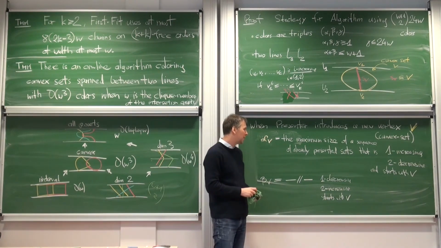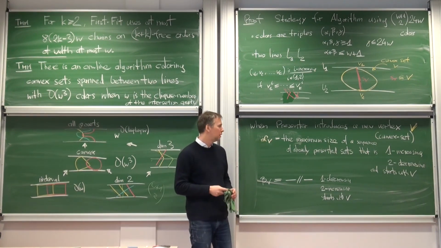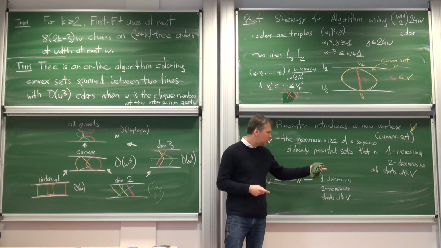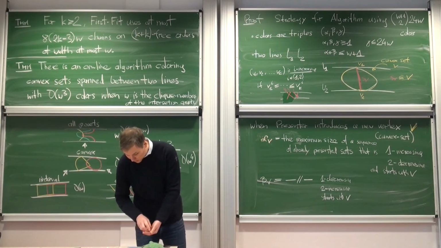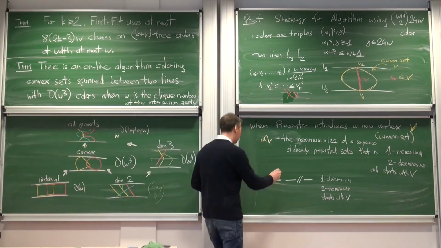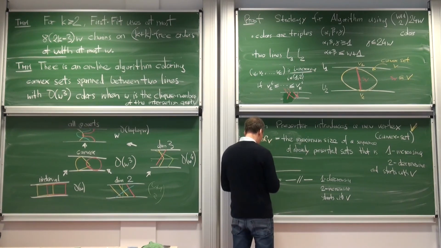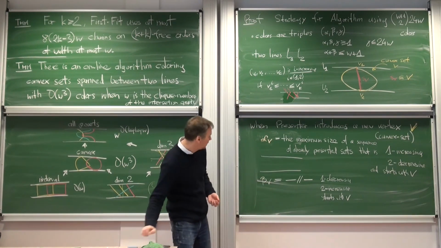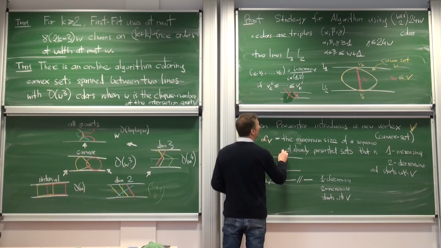This is the maximum size of a sequence of already presented sets, including V, that is 1-increasing, 2-decreasing, and starts with V. So how does it look? Say this is a segment of V, actually V1.